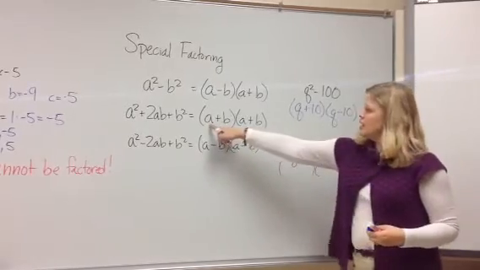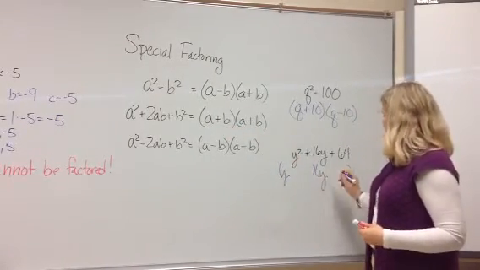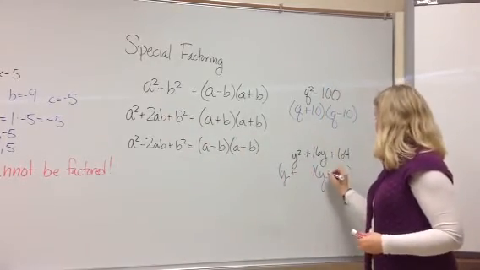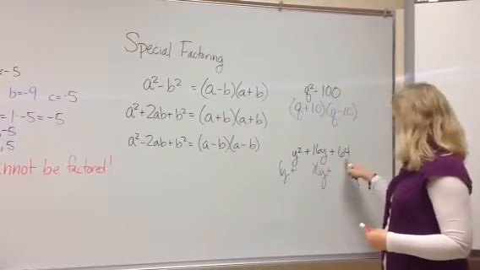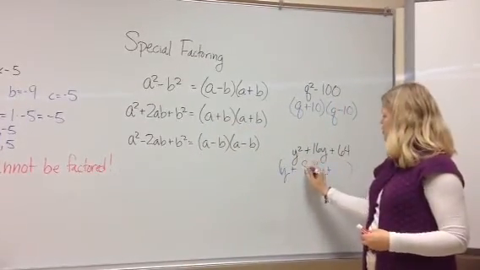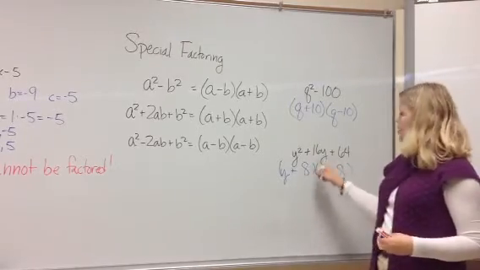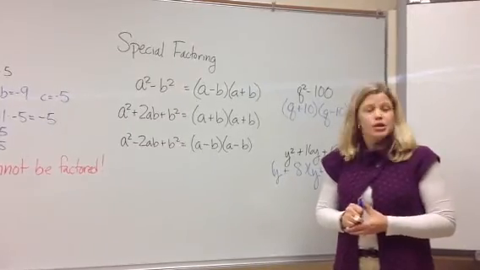So I just take whatever the first term is, y, and then since it's a plus, I use the pluses, and whatever this term is, the square root of it, so the square root of 64 is 8. And then 8y plus 8y gives you 16. So it's just a shortcut. It's not something you have to do.